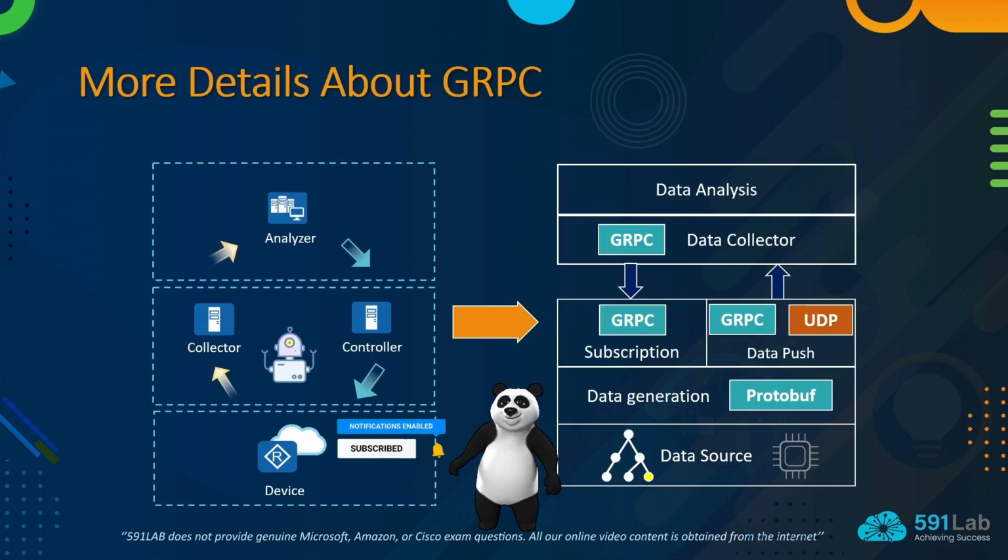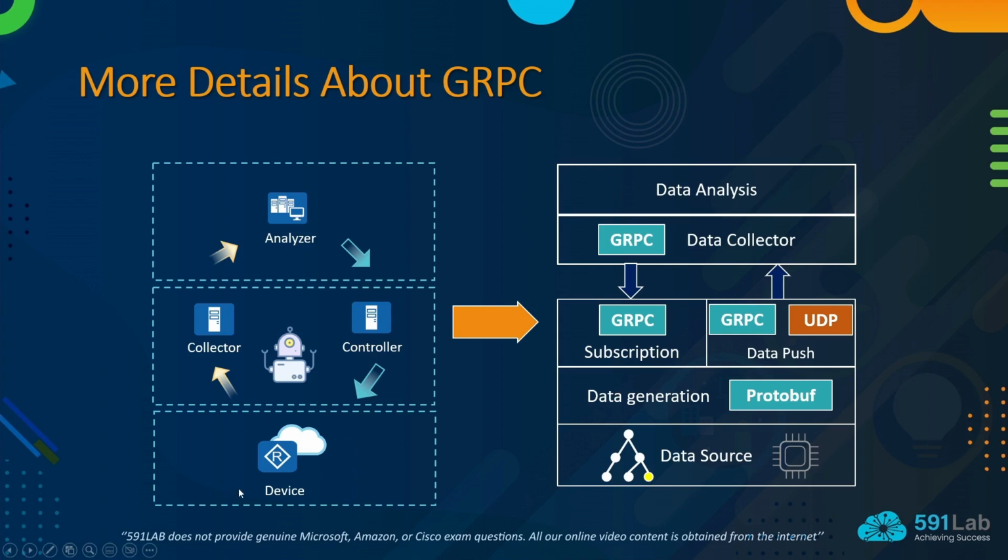So let's give you some details about gRPC. The picture on the left describes the technique of network monitoring that's named telemetry. We usually call it streaming telemetry or network telemetry. Telemetry is a technique to monitor network data like CPU and interface RX and TX faster and more frequently than SNMP or other methods of monitoring.